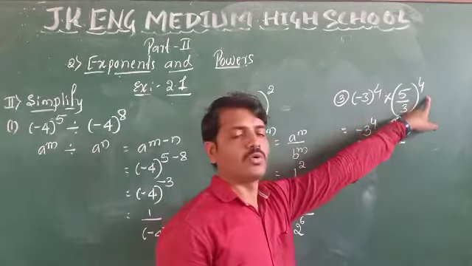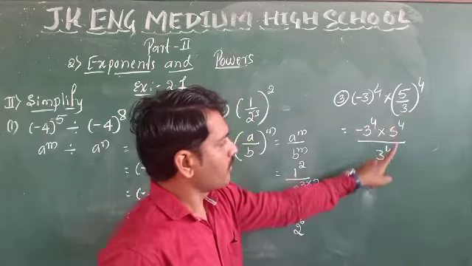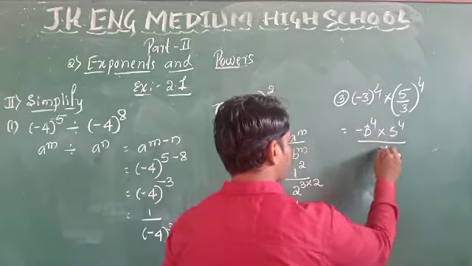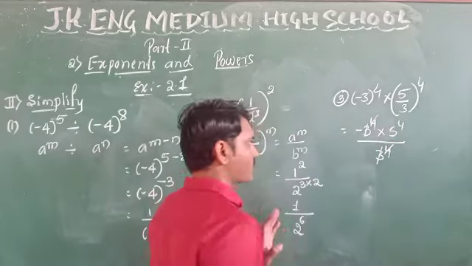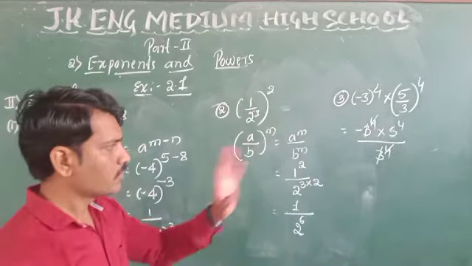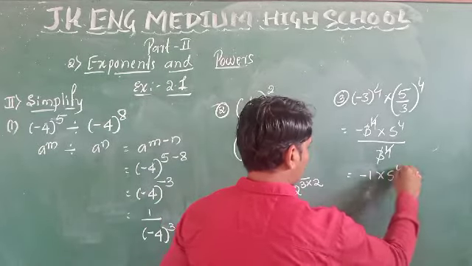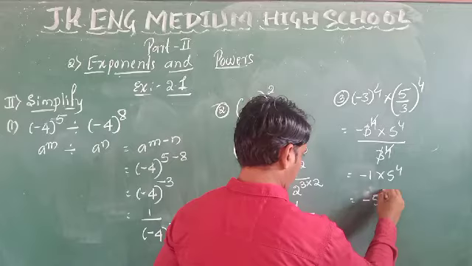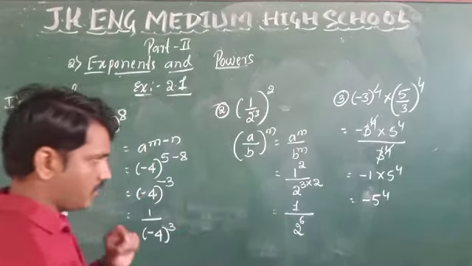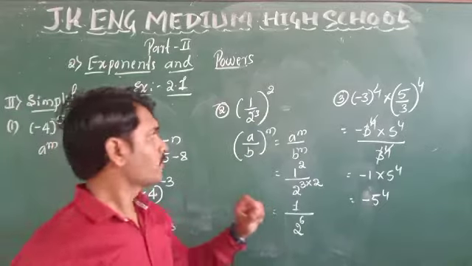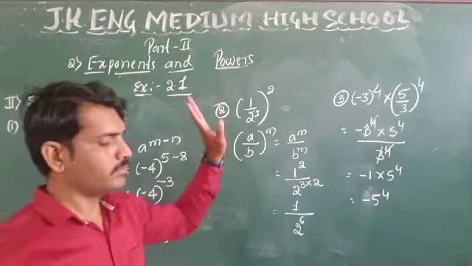A by b whole raised to m is a to the power m divided by b to the power m. Now the bases and exponents are the same, understanding? So just cancel them. The remaining answer is 1 into 5 to the power 4. Your answer will become minus 5 to the power 4. 1, 2, 3.